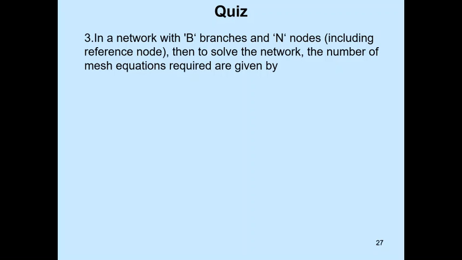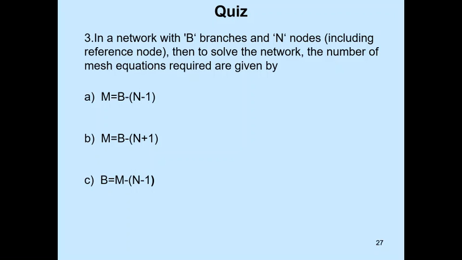In a network with B branches and N nodes, including the reference node, to solve the network, the number of mesh equations required is given by: A, M is equal to B minus N minus 1. B, M is equal to B minus N plus 1.